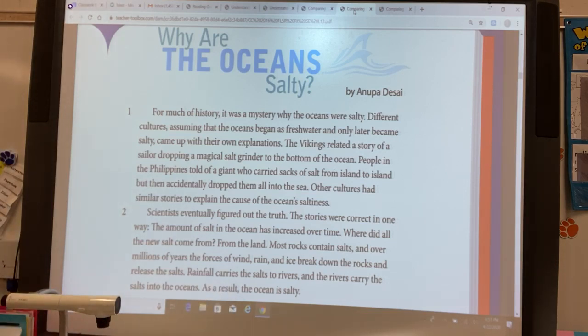Think about that. Which text structure do these clues help us with? How do these clues help us to figure out which text structure the author's using here? Think about it.